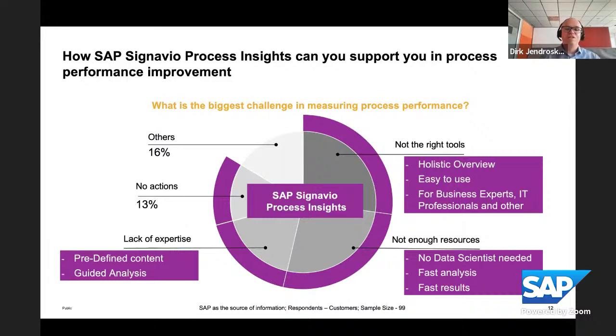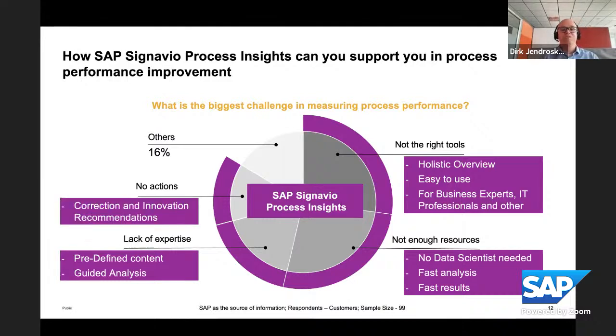And actions was the last concern that we have captured. So we see that correction and innovation recommendations are in the product that help you to address your challenges, not getting stuck with the analysis, but actually taking those topics you have identified and starting to improve on them.